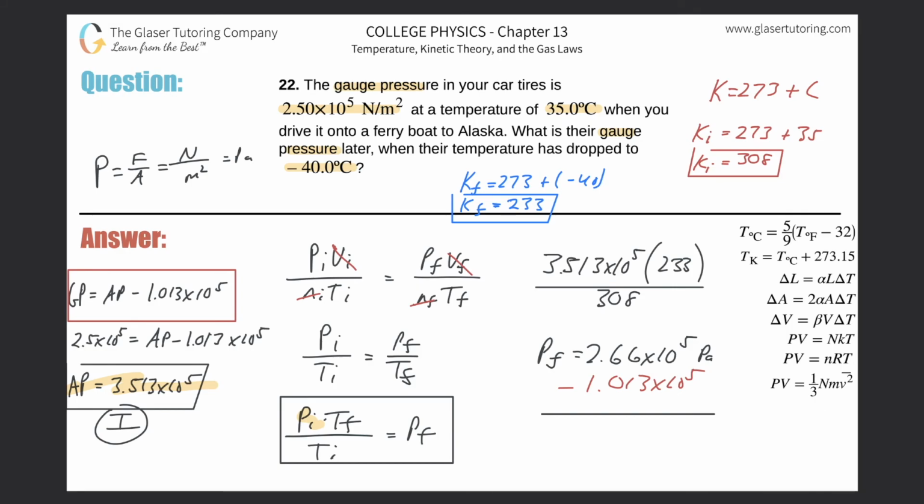So I'm just going to do it with the exact value, minus 1.013 times 10 to the 5th. And we get a value of about 1 point something. So the final gauge pressure, I'll label it GPF, is going to be equal to 1.64 or so times 10 raised to the 5th. And again, that's in pascals, or newtons per meter squared. And that's it.